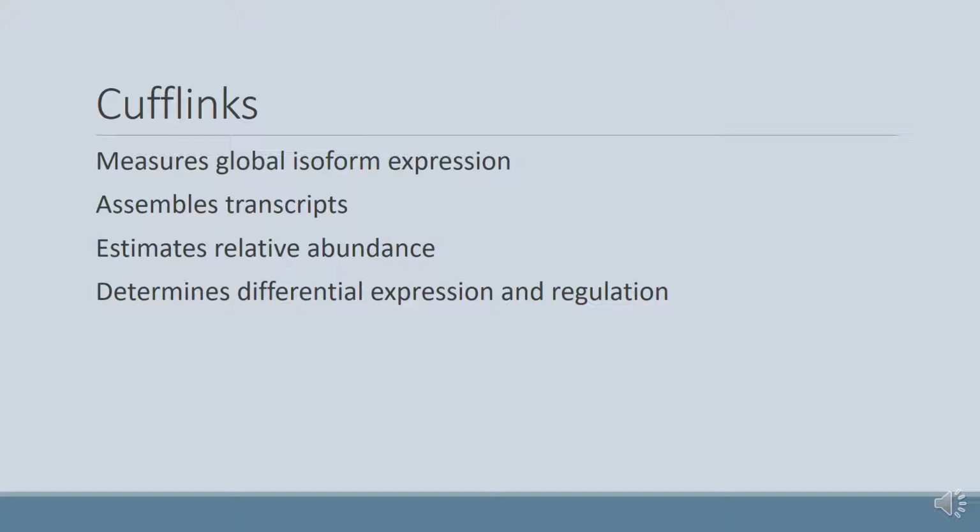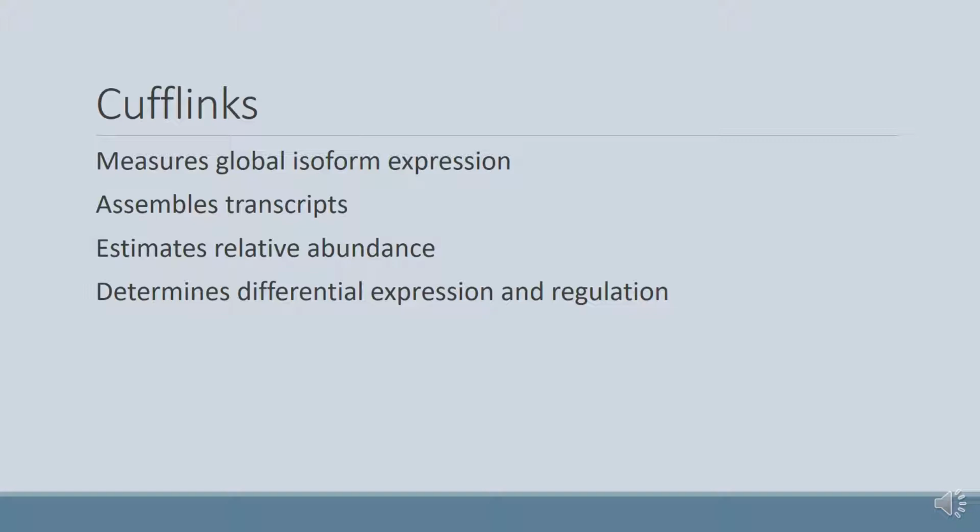From TopHat, we move to the next step in the Tuxedo pipeline, which is CuffLinks. CuffLinks measures global isoform expression by inferring the splicing structure of each gene, but this can be challenging because genes can have multiple alternative splicing.